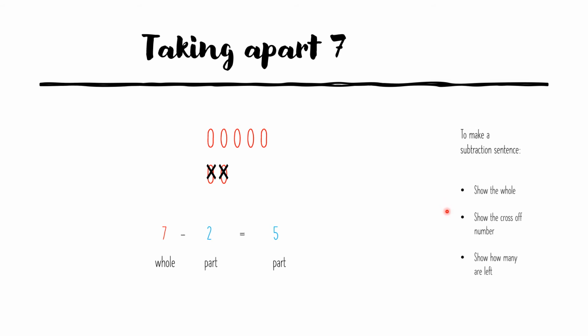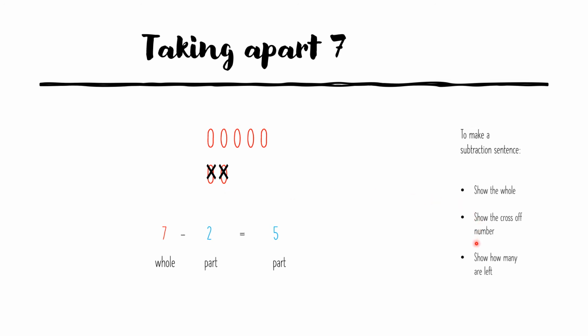After we show the whole, we want to show the cross-off number. So we make sure we have our subtraction or our minus symbol, and then we're going to show our cross-off number. Our cross-off number is the number, you got it, 2, because we crossed off 2 circles.